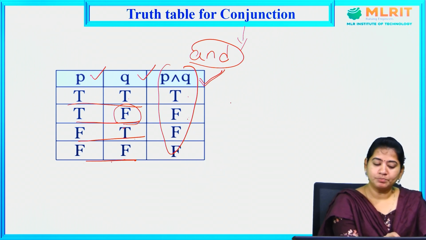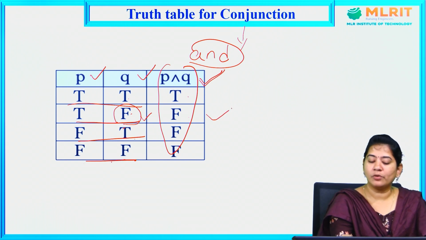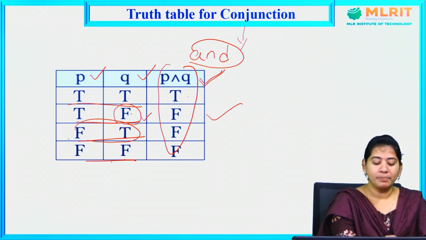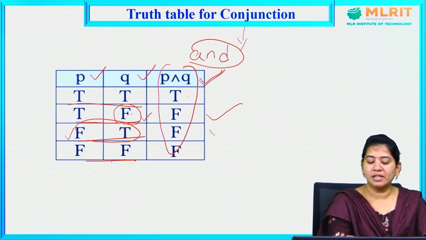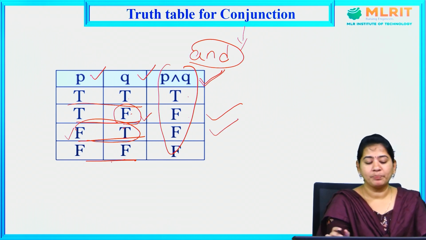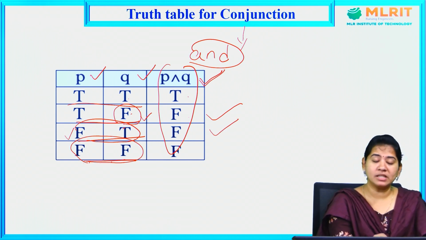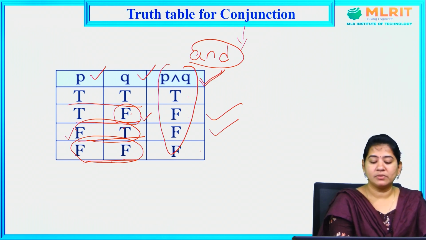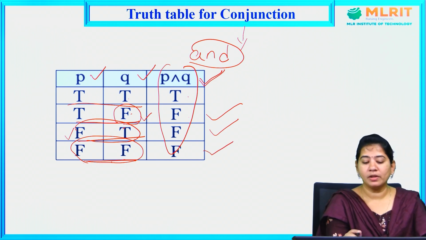So here if you observe true, false, out of this, one statement is false. That's why the resultant truth value has become false. And for these two statements here, P statement is false, so that's why the resultant truth value has become false. And in the last row here, both the statements are false, so that's why the resultant truth value has become false here.